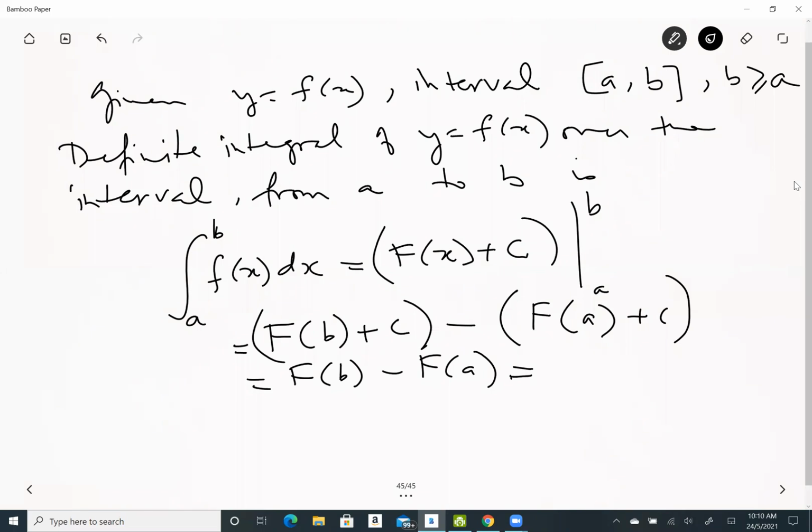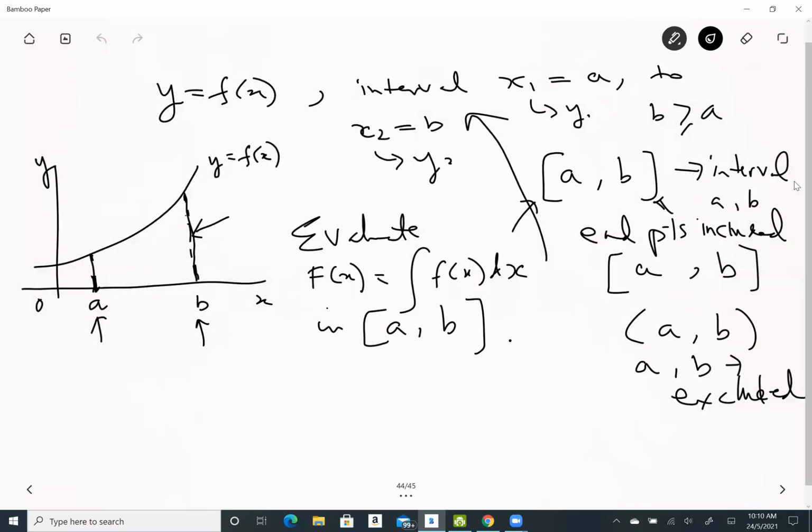You call it, say, whatever you want, call it A. So after you do the evaluation of the integral at B and A, you subtract. What we'll get will be the area under the curve.